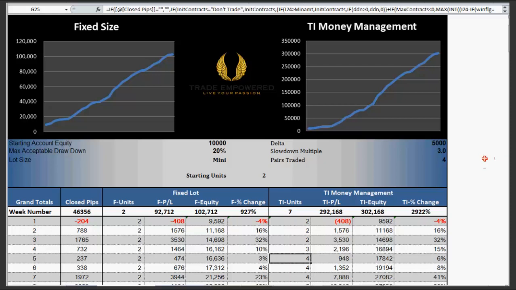So I teach you about how a delta works, how a slowdown multiple works, how you do back testing, and how you get the information into the spreadsheet. And then I teach you how you can modify delta, slowdown multiple, and maximum acceptable drawdown to potentially modify your equity curve.